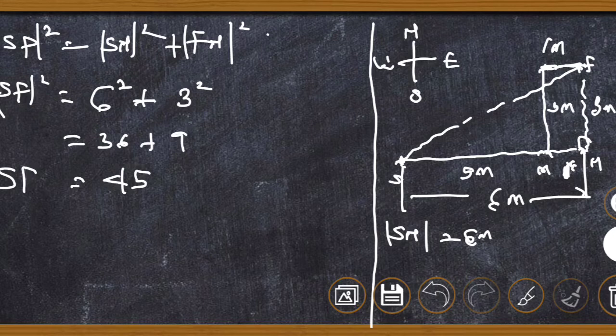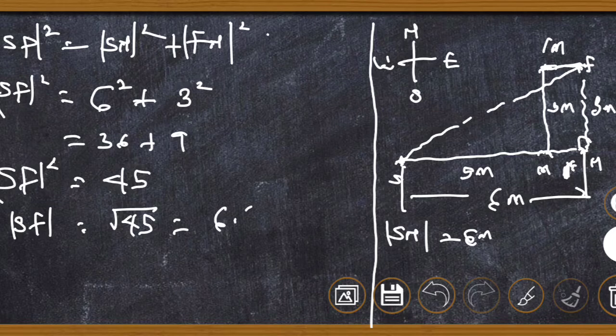Don't forget that we need XF, but here we have XF squared. So the distance XF will be equal to the square root of 45, which is 6.7 meters. So my displacement from X to F is 6.7 meters. Now let me write it very well.